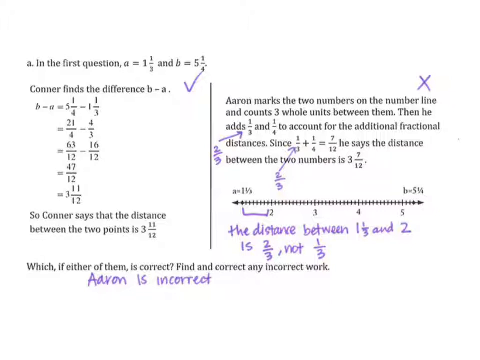So where he added 1/3, it should have been 2/3 in his work. So if we correct that, if we do 3 plus 2/3 plus 1/4, we will end up with 3 and 11/12, the same answer that Connor got.